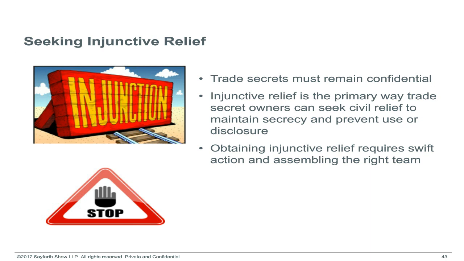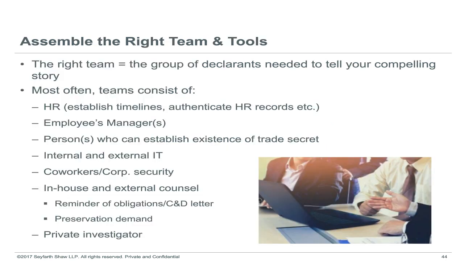So I think our next slide deals with assembling the right team, and it varies by jurisdiction as far as what is enough. But typically, there are jurisdictions where you could just have a verified complaint and it can be full of hearsay, and you can still at least get a TRO.